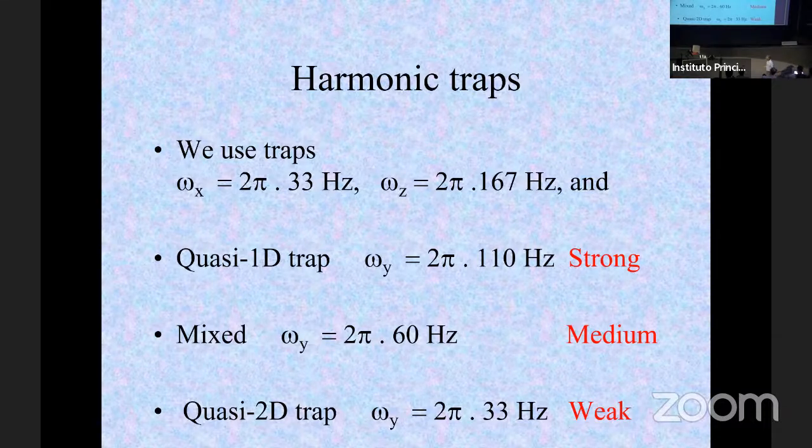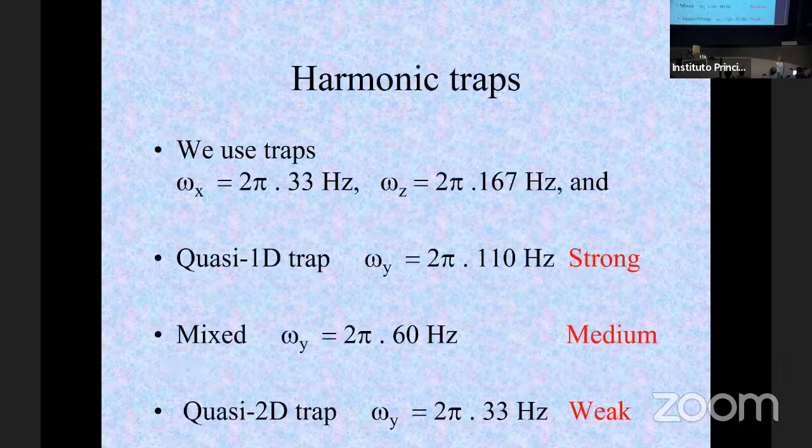In the experiment, omega x and omega y are not identical, but we'll take them identical. If you multiply omega x, omega y, omega z, this trap is the strongest. This is mixed, medium, between 1D and 2D, and this is 2D, the weakest trap. Let's see some results.